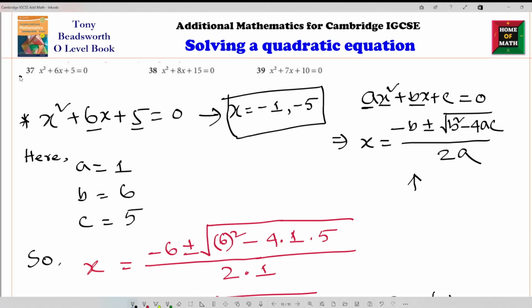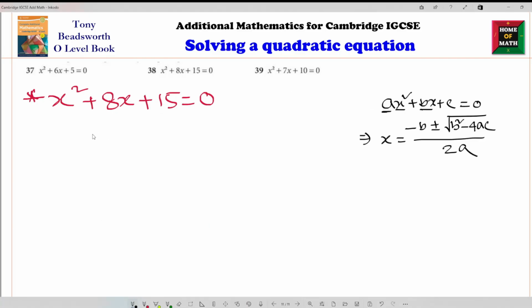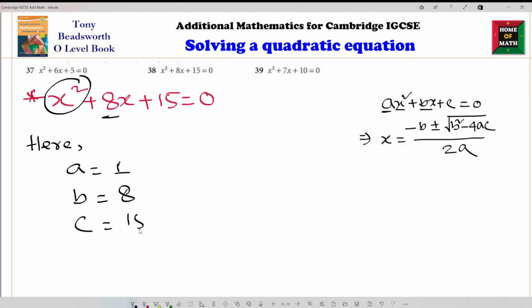So first one done. Second one, x² plus 8x plus 15 equals 0. We will try to solve it now. So first we have to find a, b and c. Here a equals 1 because the x² coefficient is nothing, it means 1. Then b equals 8, and c equals 15, right?